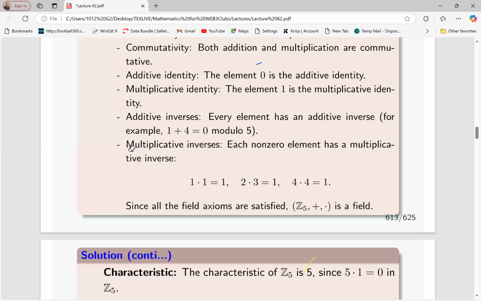When looking at closure, check closure under addition and under multiplication. For associativity, check both. For commutativity, check addition and then multiplication. So you're considering all those properties and both operations as you move.